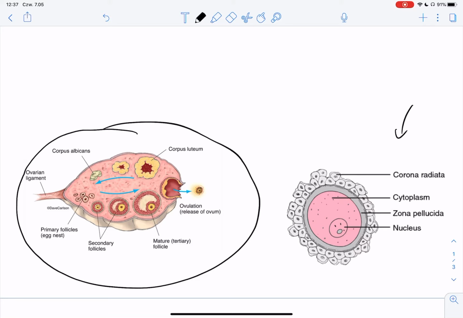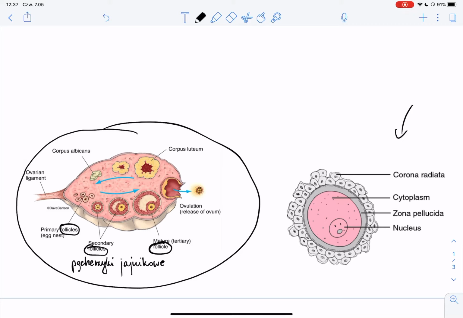Inside there are ovarian follicles, and you can see here primary follicles, secondary follicles, and tertiary follicles. Po polsku to są pęcherzyki jajnikowe. They are at various stages of development.